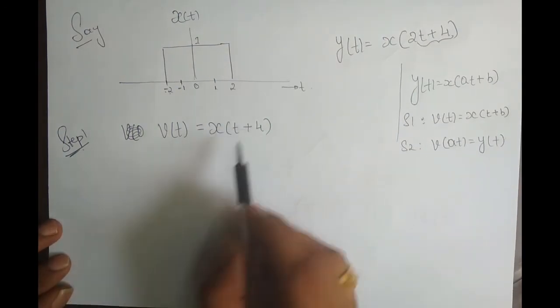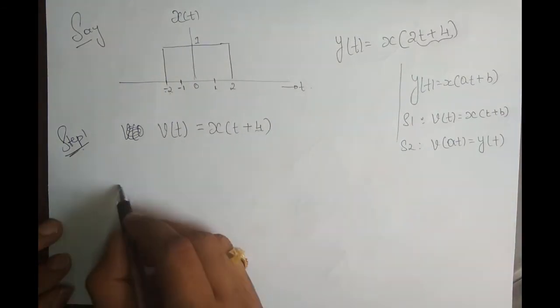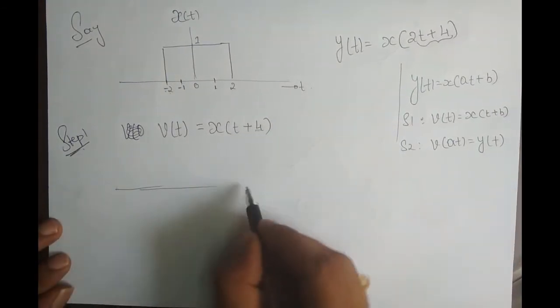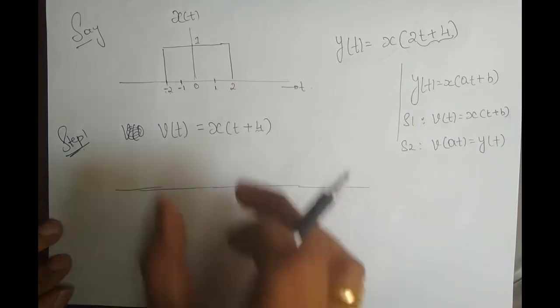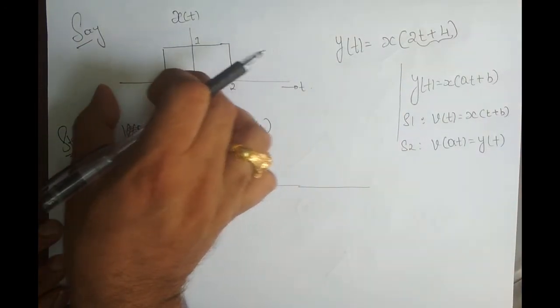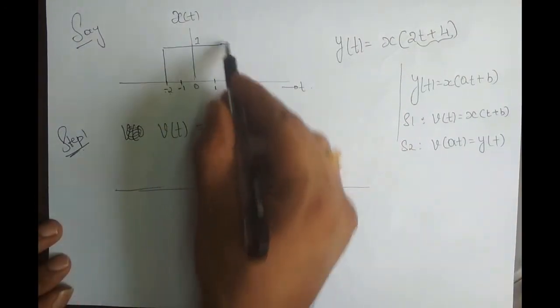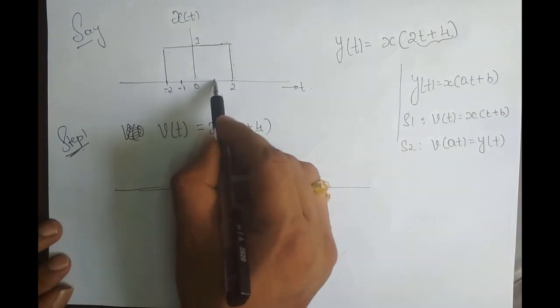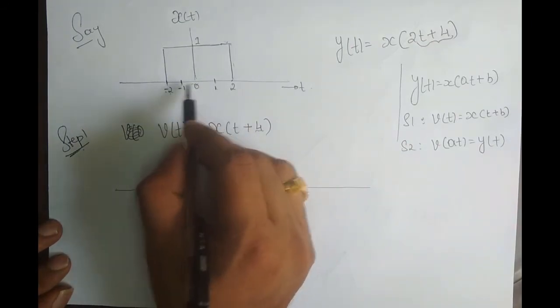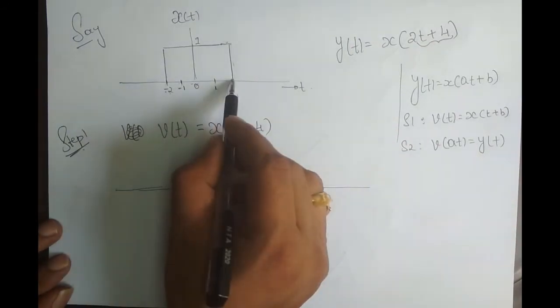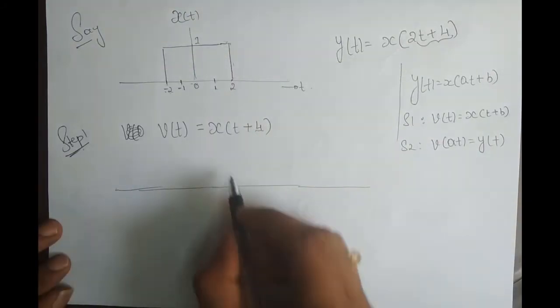If it is plus, I have to shift right or left. So I have to shift it left. How many times? 4 times I need to shift it left, right? So if I do that, 1 time, 2 time, 3 time, 4 time. This part of the signal comes here 1 time, comes here 2 times, comes here 3 times, and comes here 4 times. So the entire thing goes here, right?